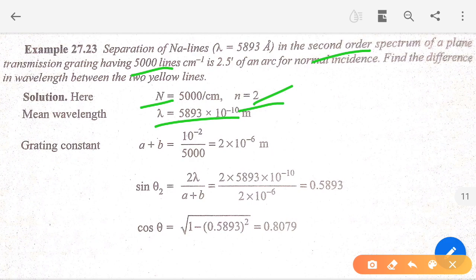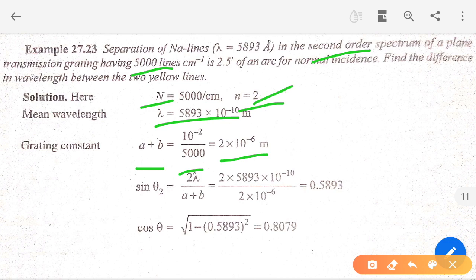We know that a plus b is given per centimeter, so it can be converted into meters. A plus b is equal to 1 by N, that is 2 into 10 to the power of minus 6.